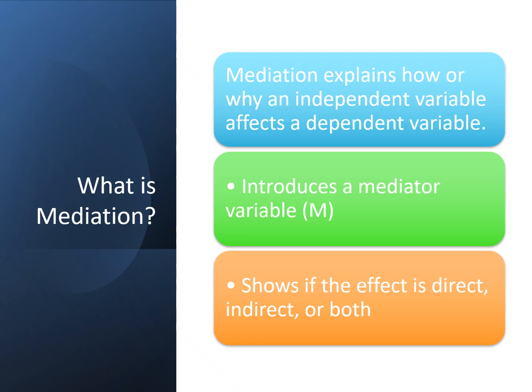So the independent variable affects the dependent variable through another variable. This is called mediation or mediator. Mediation explains how and why an independent variable affects a dependent variable. Introduce a mediator variable, here M we are guessing, so show its effect in direct, indirect, or both.